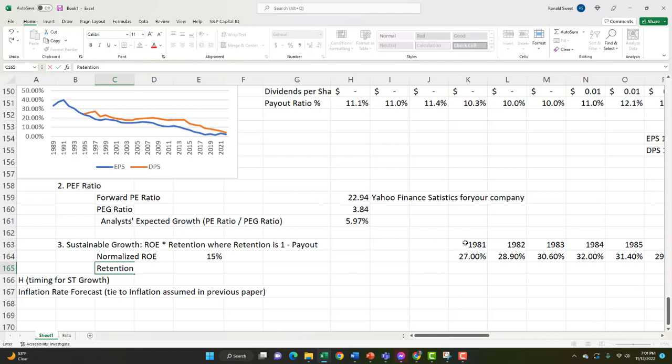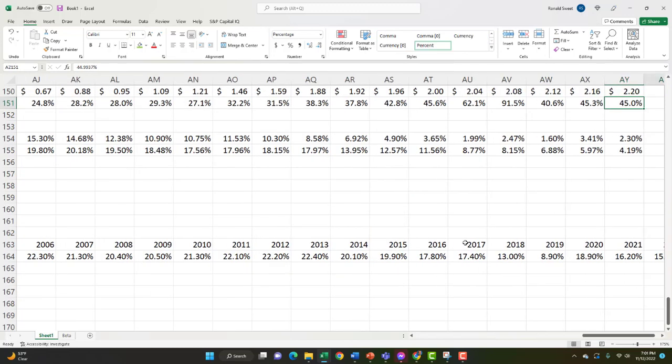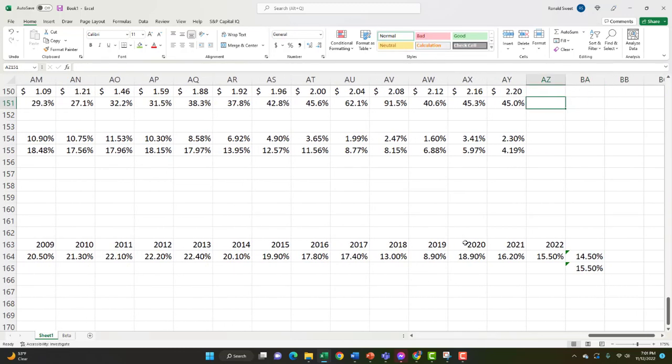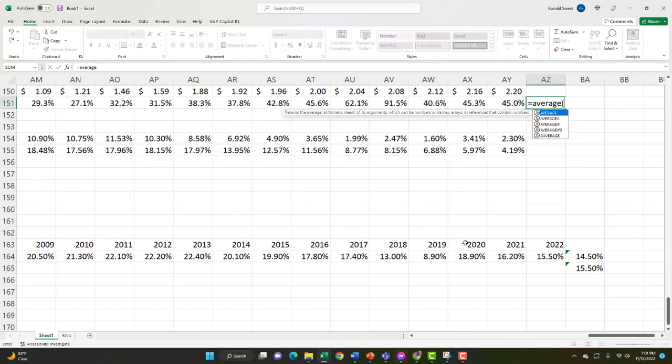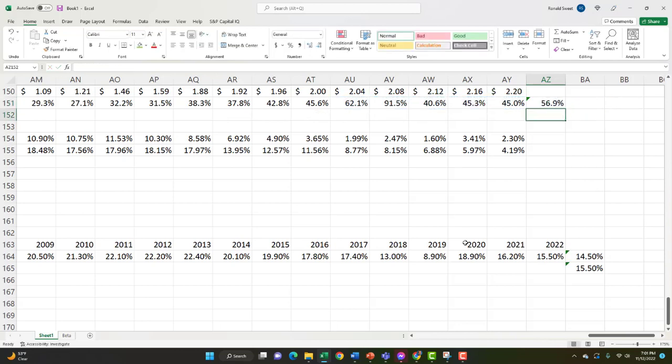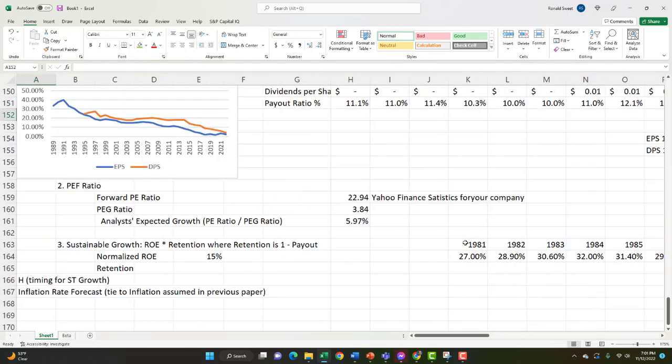And then the retention is going to be 1 minus the payout. Remember, up here we have the payout for Walmart, and looking at the last few years, we can do the same thing. The average of the last few years, 1, 2, 3, 4, 5, and the median, 1, 2, 3, 4, 5. I'm going to say 45% looks like a reasonable number there.